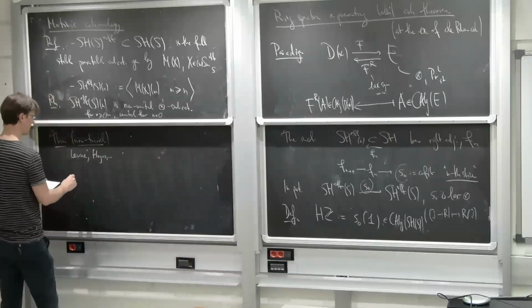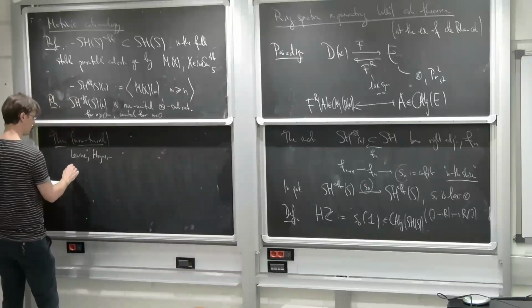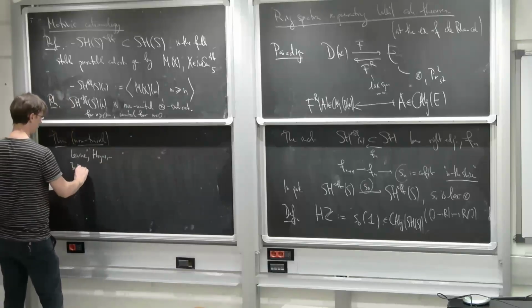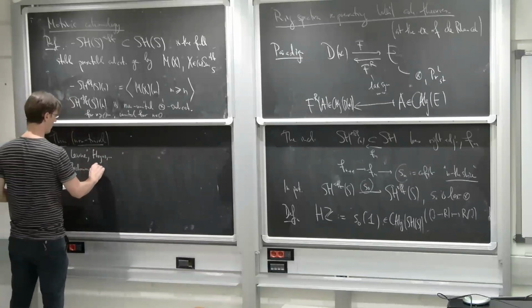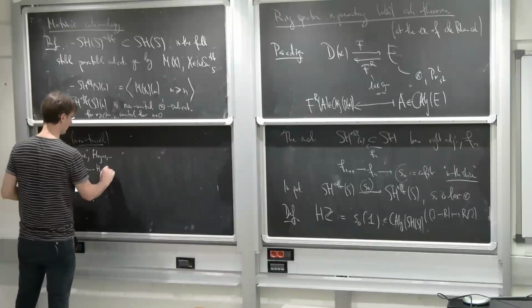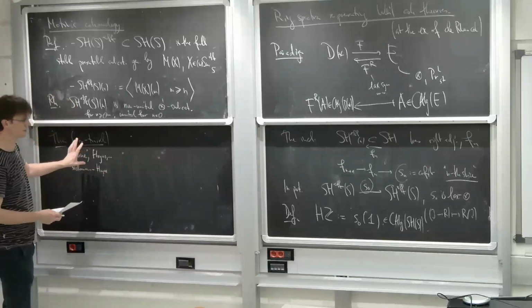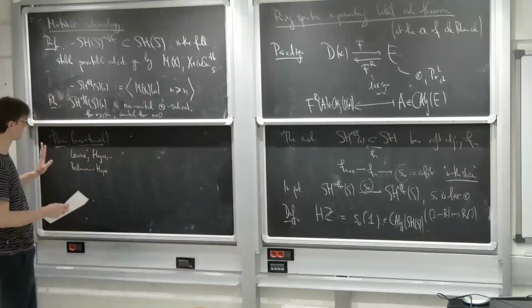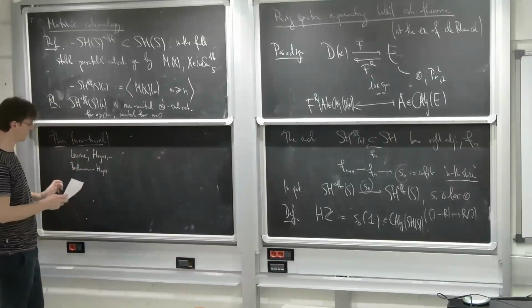A nice entry point to the literature is this paper by Bachmann on motivic spectra, where they discuss this and much more. But anyway, what is the theorem?